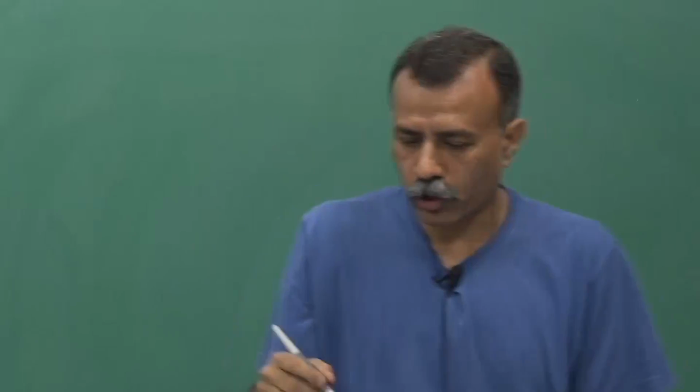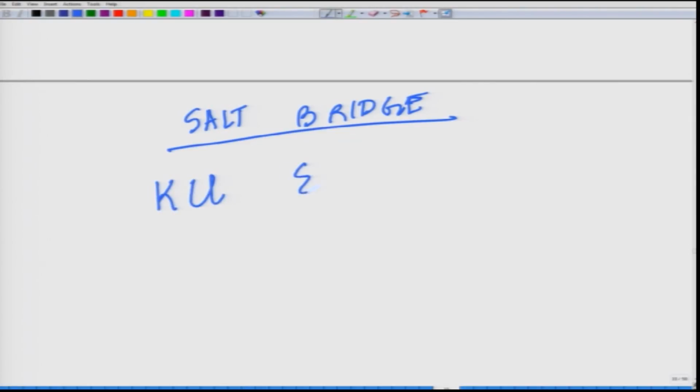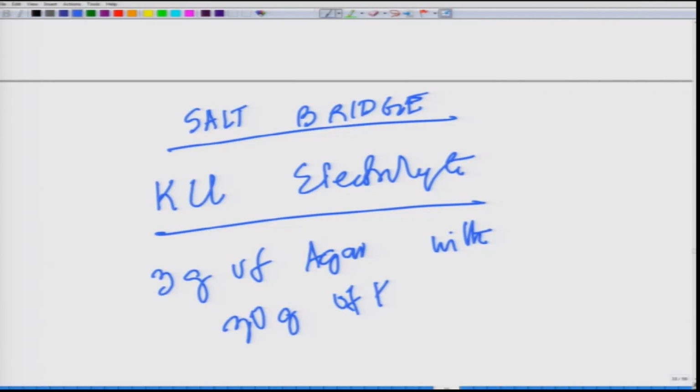Now, coming back to the salt bridge. Okay. For reactions that do not involve silver or other species that react with chloride, the salt bridge usually contains KCl electrolyte, and a typical salt bridge is prepared with 3 gram of agar with 30 gram of KCl in water.